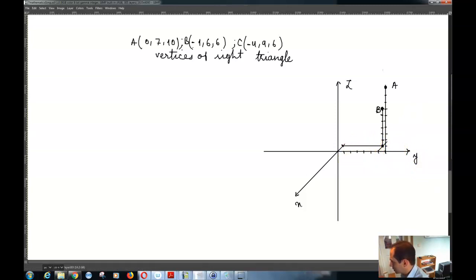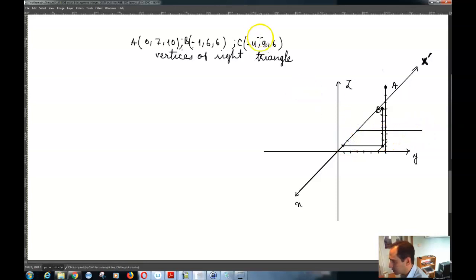Oh, that was the x-axis, I'm sorry. That was the x-axis. This is x prime. And then the third point is -4, which is 1, 2, 3, and 4.